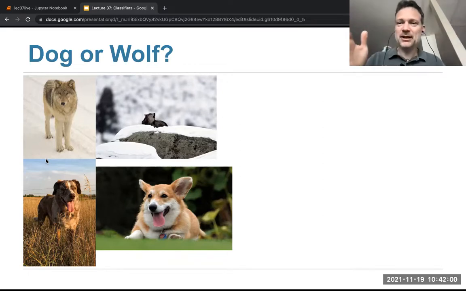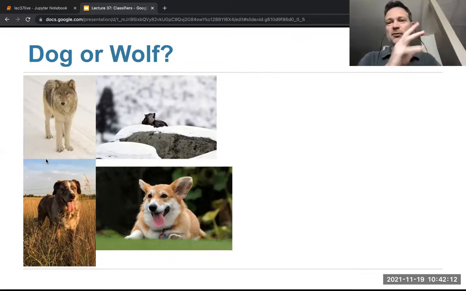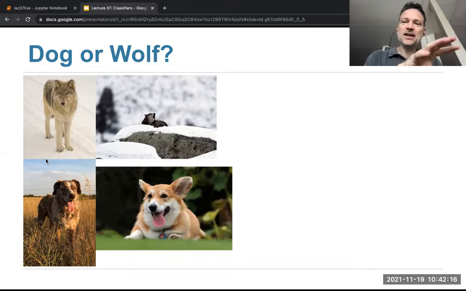Okay, so you can build classifiers to try to solve this task, and we could take a training set. Let's say we had a training set of images like that shown on the left, of pictures of dogs and pictures of wolves, and train a classifier, teach a classifier to predict which of those are dogs and which are wolves.